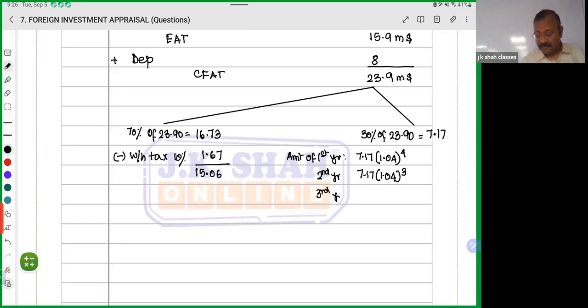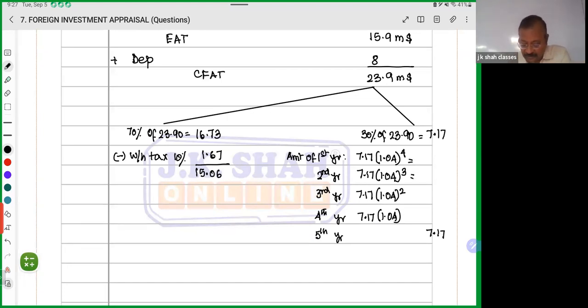Third year 7.17 into 1.04 whole square. Fourth year 7.17 into 1.04. And then of the fifth year you will have just that 7.17. So can you just tell me these individual amounts, please?